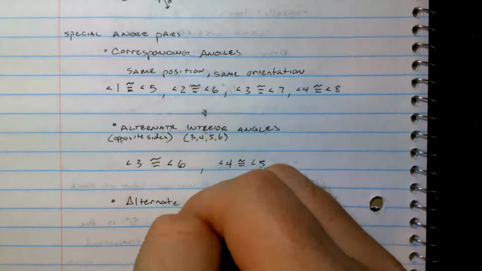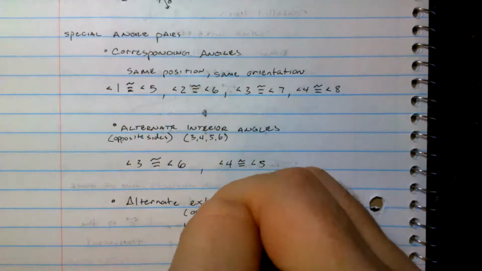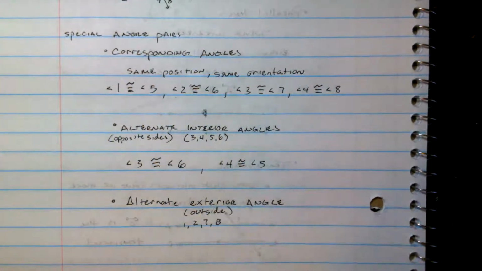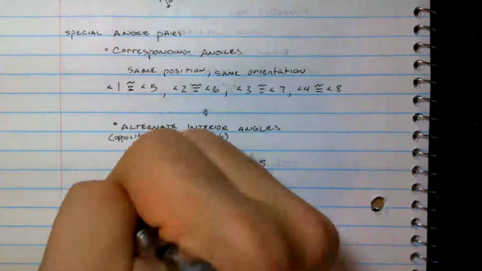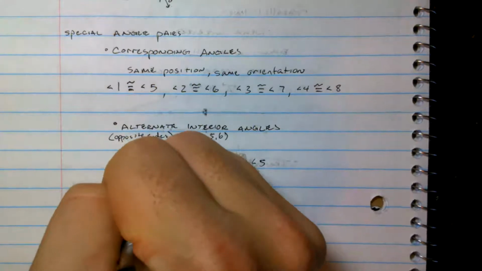So we're talking about 1, 2, 7, and 8. Those are all the angles on the outside of our parallel line transversal. And alternate, again, simply means opposite. Opposite outside angles. Okay, so again, opposite outside angles.